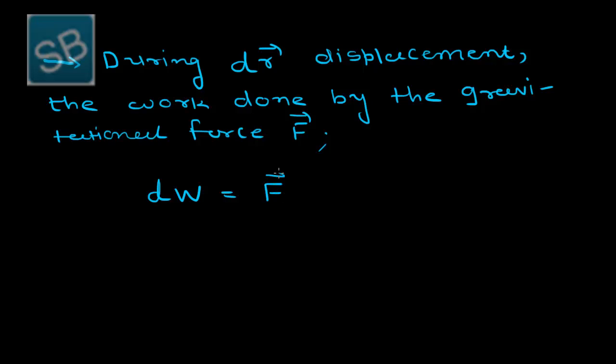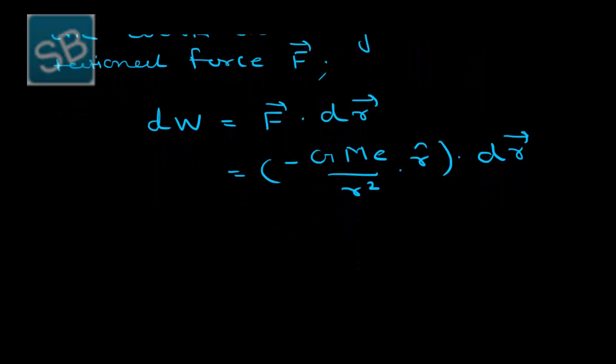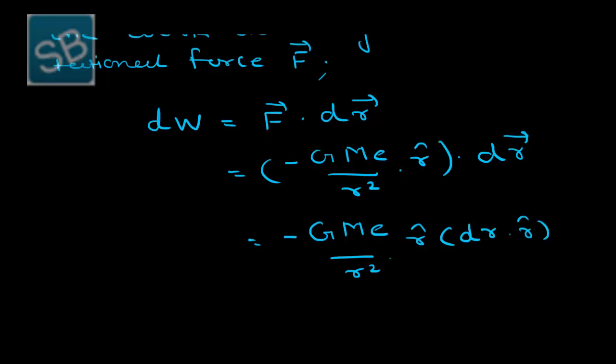So such kind of gravitational force or the work done is given in terms of dW is equal to force into displacement, and here the displacement is dr, that is equal to minus G Me over r square into r cap into the displacement vector dr, and I can write down this value of dr as minus G Me over r square into r cap is as it is, and magnitude of dr into unit vector.